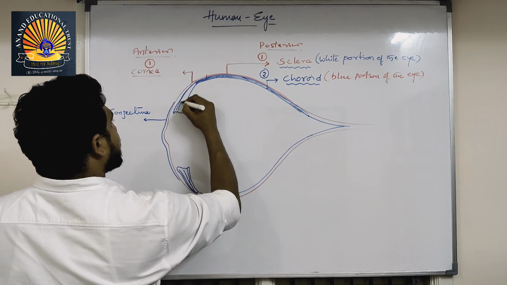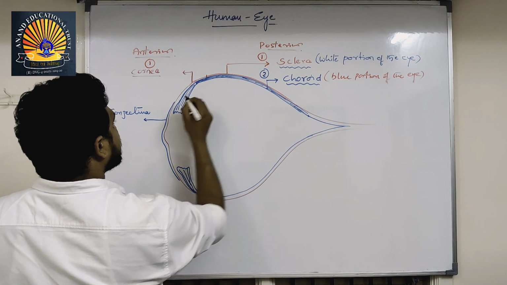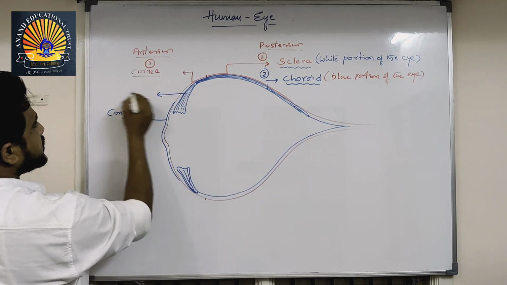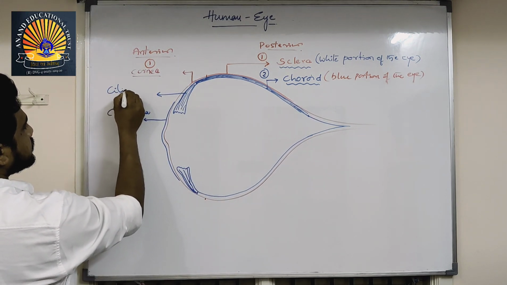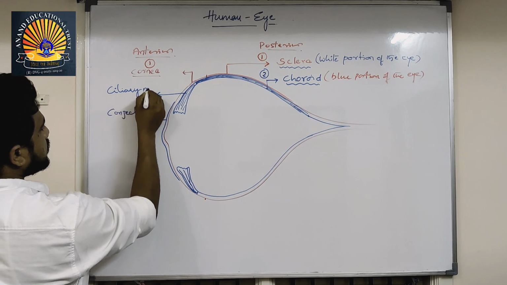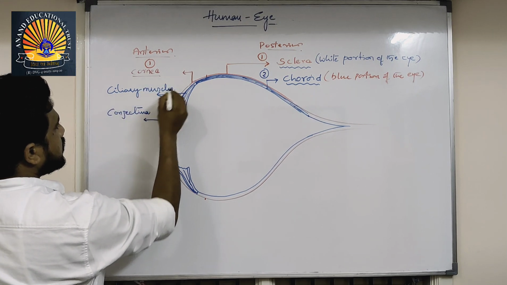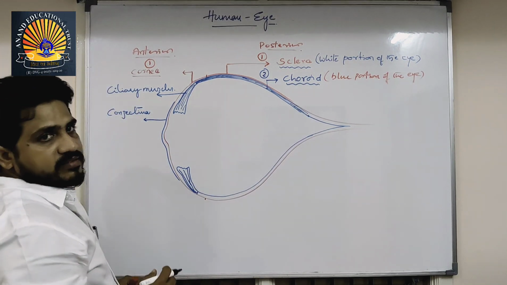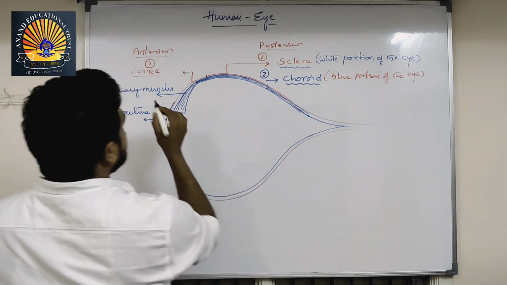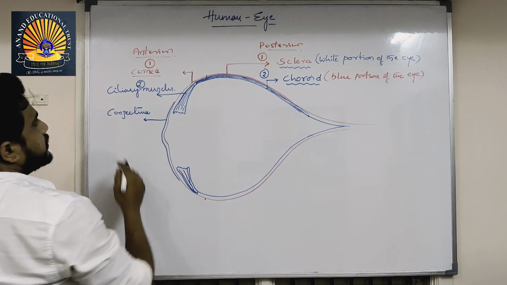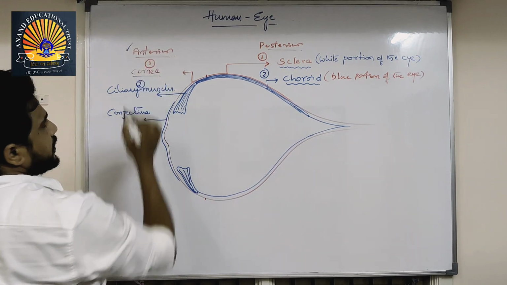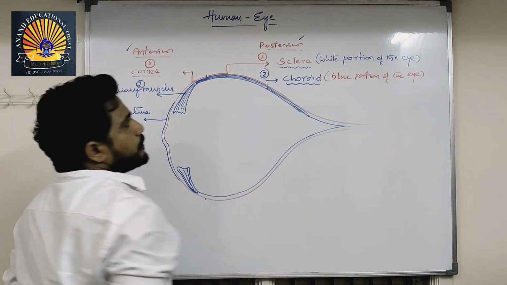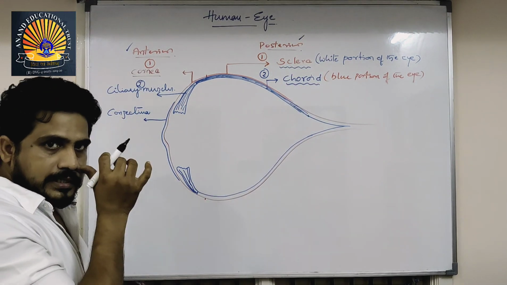So the ciliary muscles are an extension of the choroid on the anterior side. This is the second part, and this is also the second part. All these parts are towards the anterior side, and all these parts are towards the posterior side. I hope you are understanding, right?